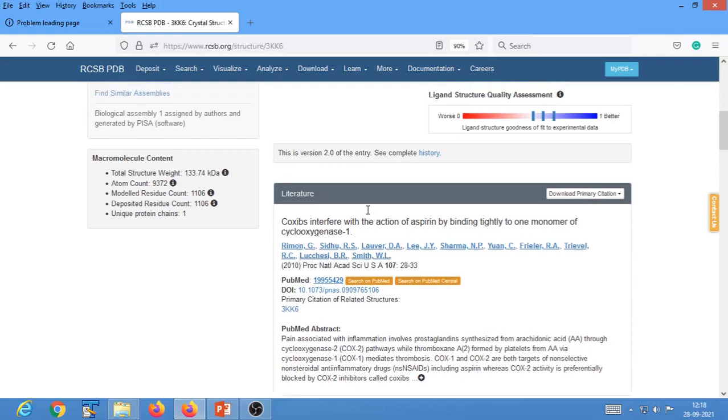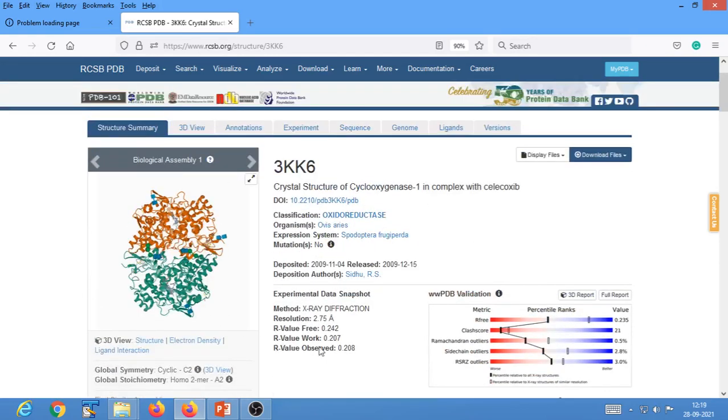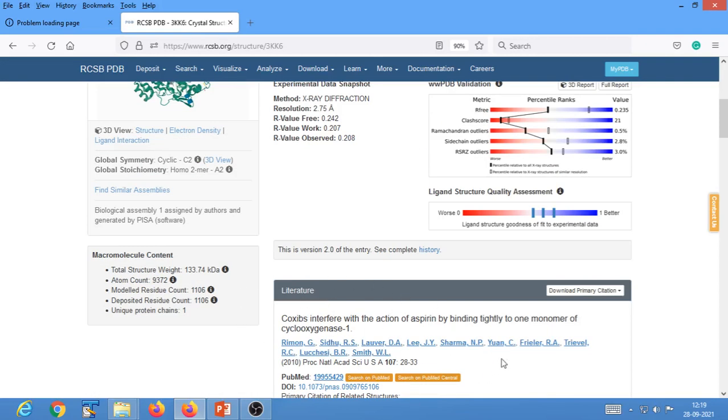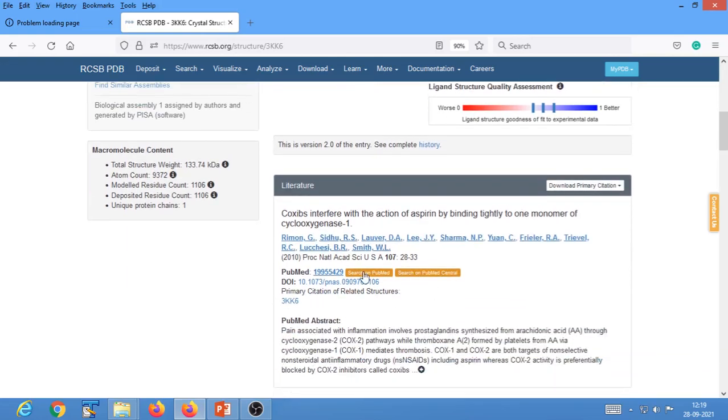The literature that is associated with each and every model, the link of that paper is usually provided over here. If you click on this PubMed link, it will carry you to the PubMed website, and from PubMed you can download that paper.